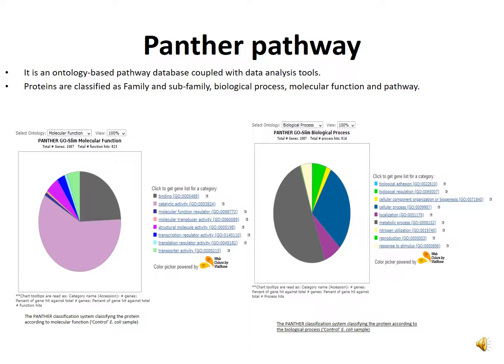Let's talk about the second figure. It is for the control E. coli sample, classifying the proteins according to biological process, and the biological process depends maximally on metabolic process.